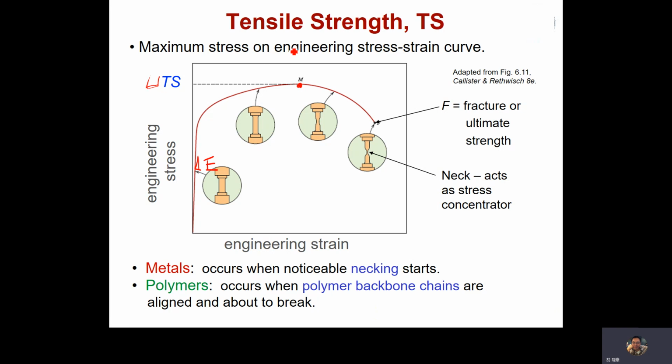When the applied stress is higher than the UTS, that means necking occurs until it fractures.